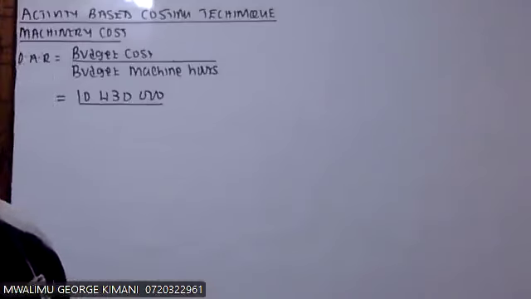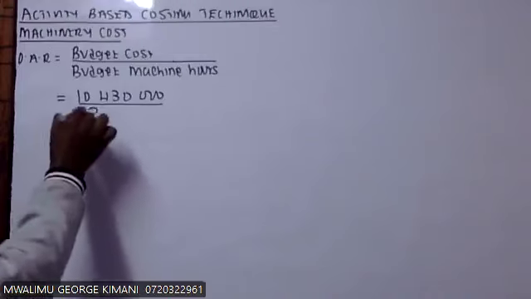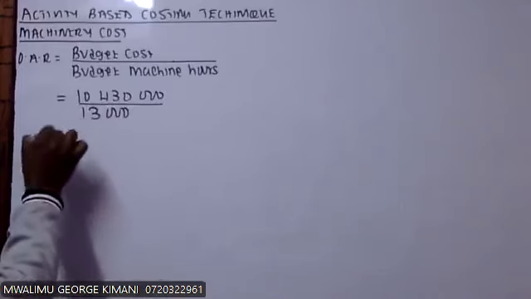We had gotten what? The total machine hours that we computed earlier, 13,000. So this one, you divide by 13,000.